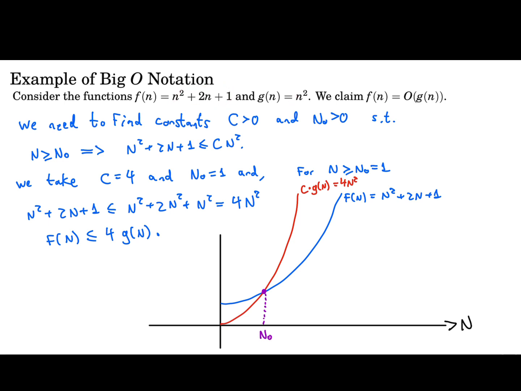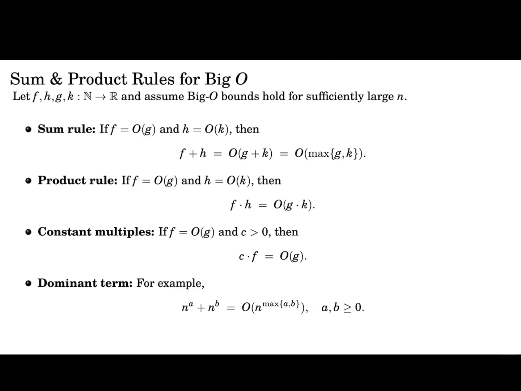And now let's see some useful rules that can help us work with big O notation. If we have functions f, h, g, and k from the natural numbers to the reals, and we take everything for sufficiently large n, because remember this is all about eventually, so for large enough n.